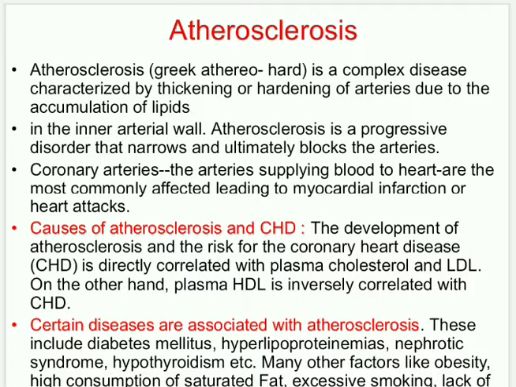In atherosclerosis, mainly the coronary artery is affected, so this is called coronary heart disease. Due to the narrowing of this artery, the blood supply towards the heart is reduced or stopped, so there may be a chance of myocardial infarction, or heart attack.